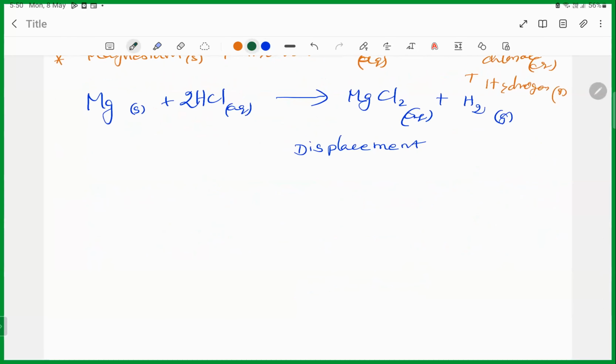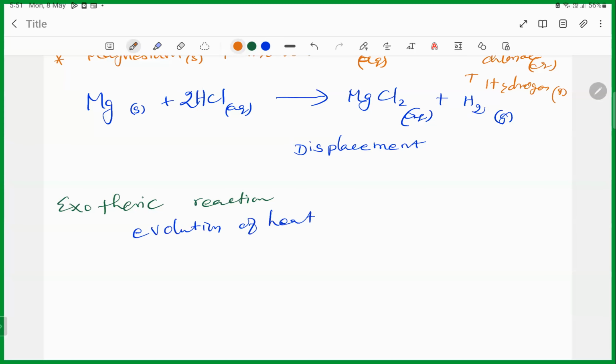Next question. What do you mean by exothermic and endothermic reactions? Give an example. Exothermic reaction: exo means out. There are certain reactions which occur with the evolution of heat, called exothermic reactions.